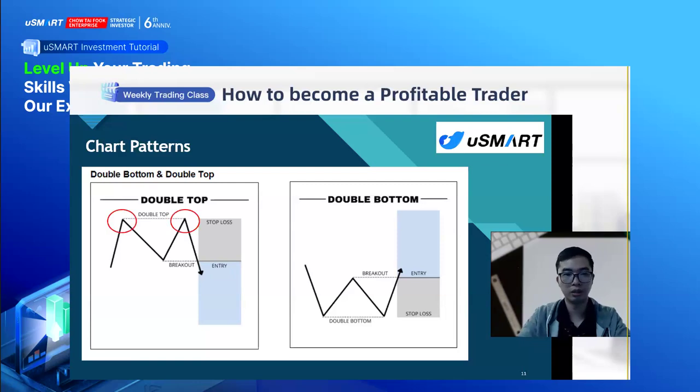So this red one is the resistance, and the bottom one is the support. The left one is for short, and the right one is for long. So when it breaks the support, we short; when we break a resistance, we long it. So we need to recognize this chart pattern.